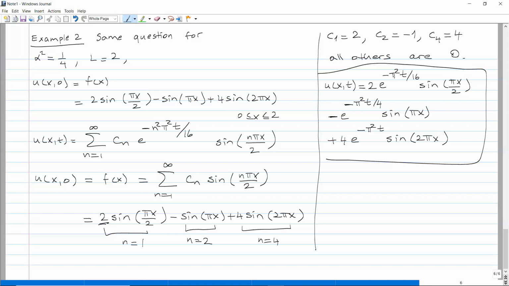And combining those solutions, we try to write an infinite series for the solution of the partial differential equation. So for different equations, you may end up with different pairs of equations, different non-trivial solutions.